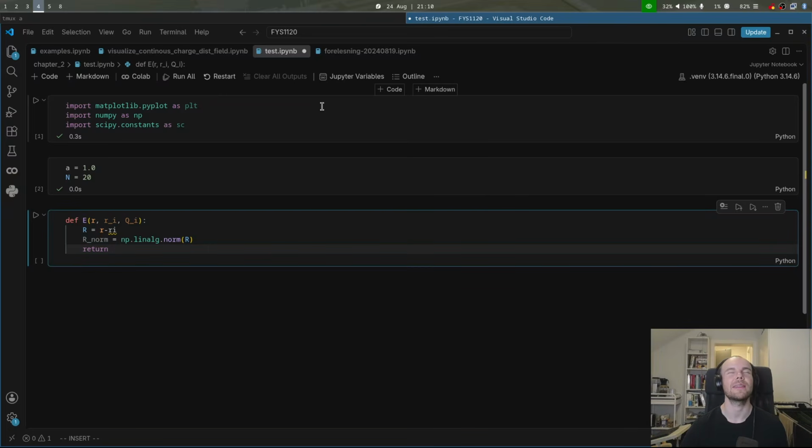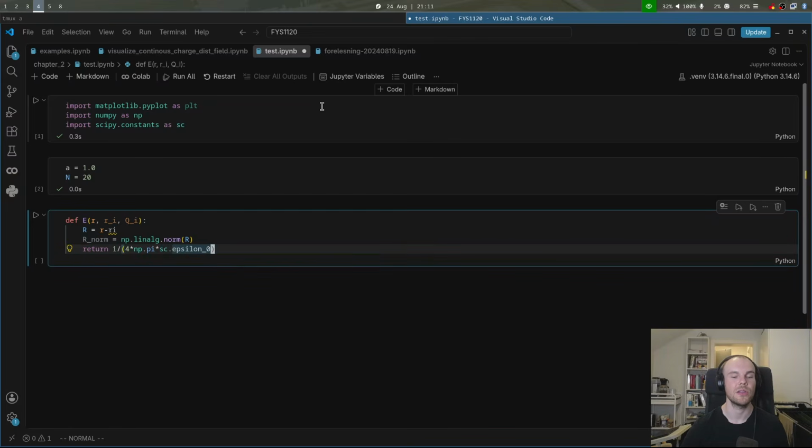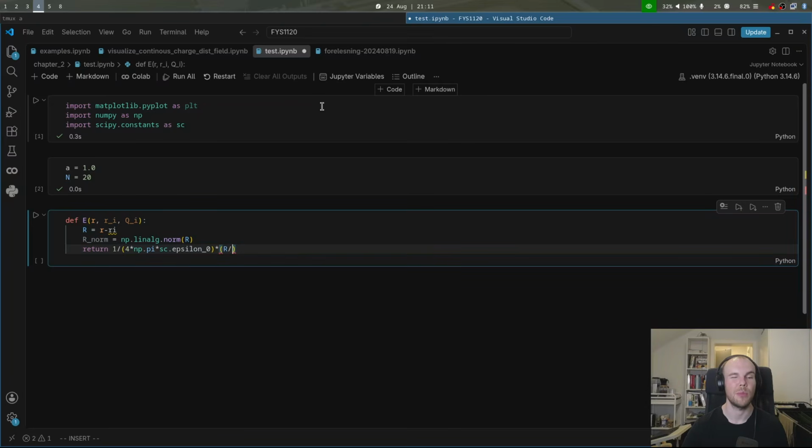That sounds stupid, but that is what we're doing. Okay, and that's just, of course, 1 divided by 4 pi np.pi multiplied by sc.epsilon_0, right? That's what we have, and we are going to multiply by r, and then divide by r_norm cubed. That's one piece, but I also need rho here, don't I?